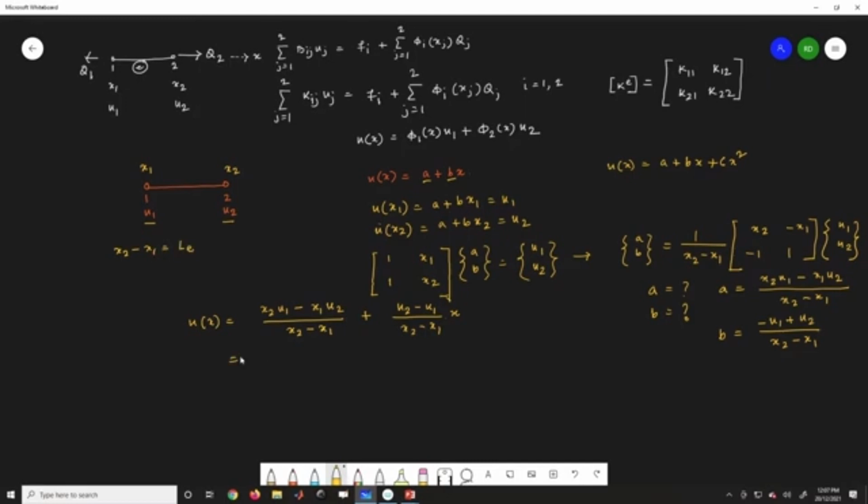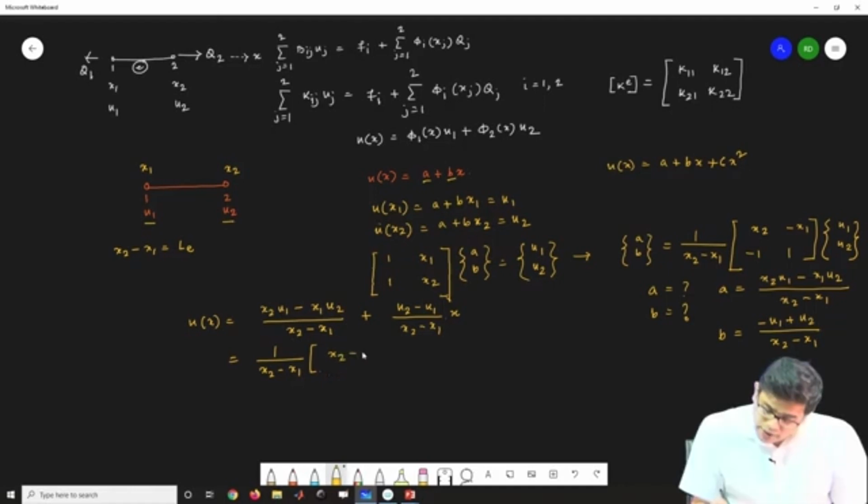So I can take 1 by (x2 minus x1) common, and then I can write it in this way: (x2 minus x) into u1 plus (x minus x1) into u2.